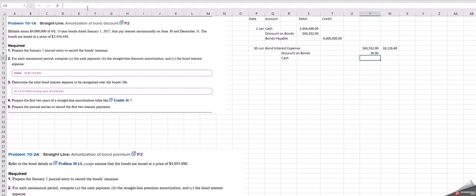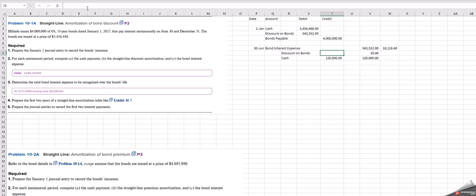So I'll come back over here. Our formula is going to be the interest: principal times rate times time. So 4 million times 0.06 times 0.5 or divided by 2. So 120,000 is what it's going to pay in cash. So that's my credit to cash.